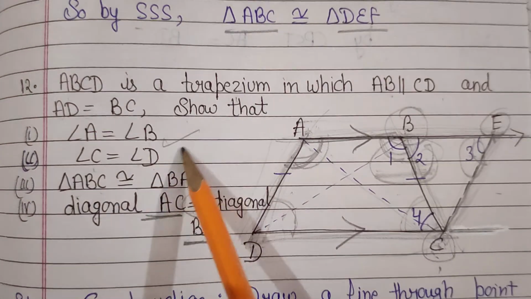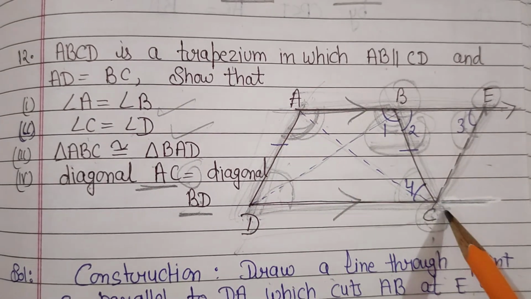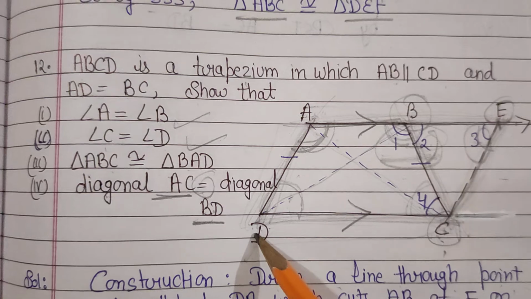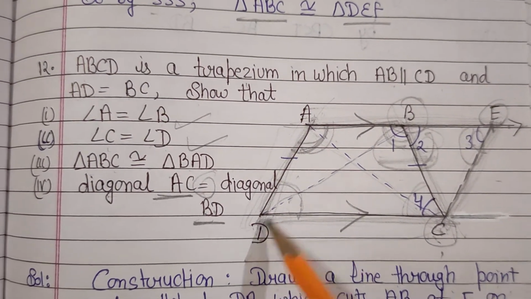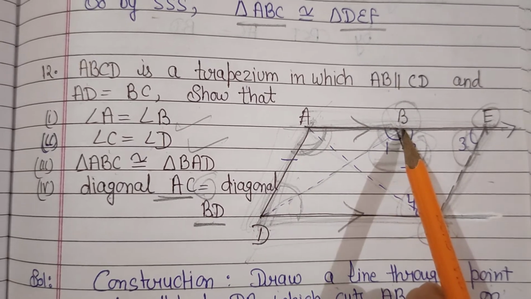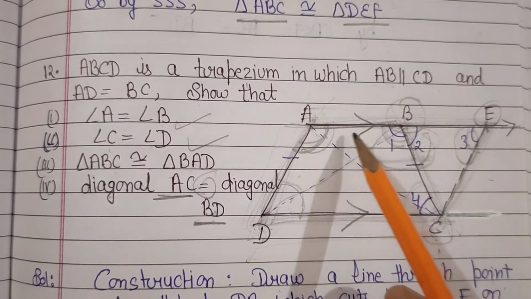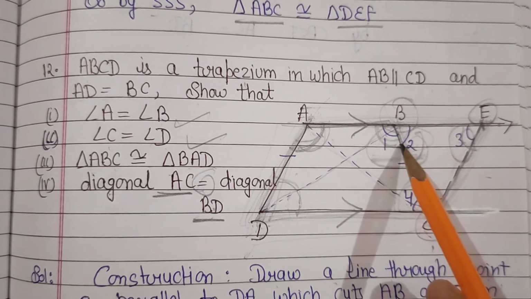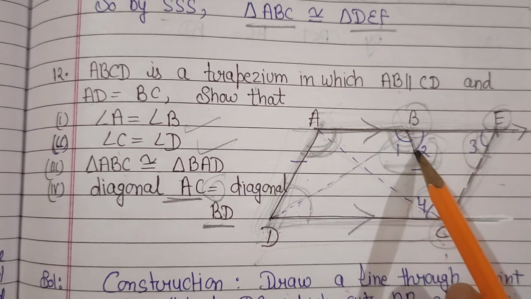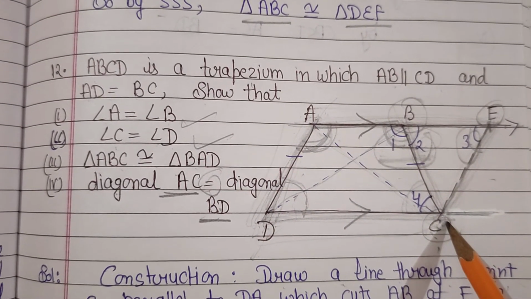Now two parts we have proved. For the third part, we will join the diagonals, and I will take triangle ABC and triangle ABD. And it is clear from the name, AB is common in both. AD is equal to BC, it was given. And angle A is equal to angle B. Angle A of ABD triangle and angle B of ABC triangle are equal.